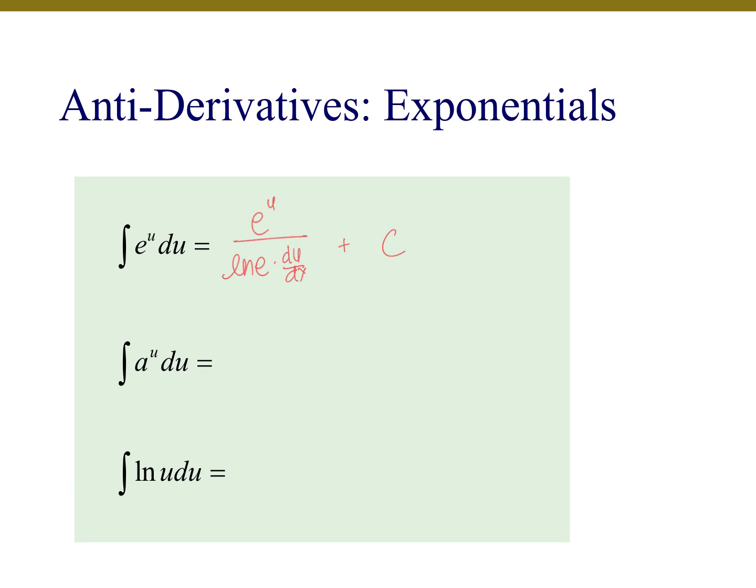So make sure you remember it's the anti-chain rule now. We're dividing by that value. For a to the u, it's a to the u divided by the natural log of a, and then the chain rule of du dx. So it's the division.